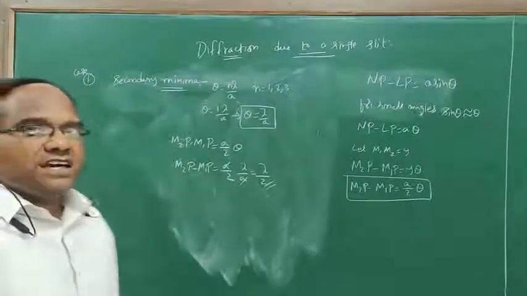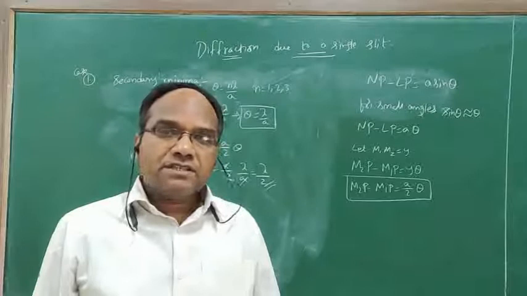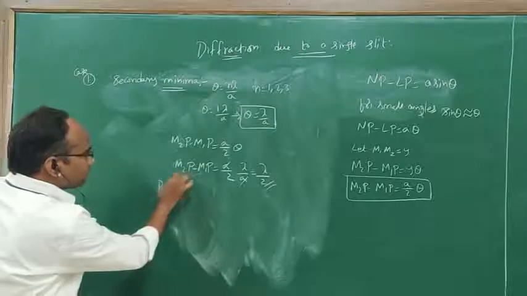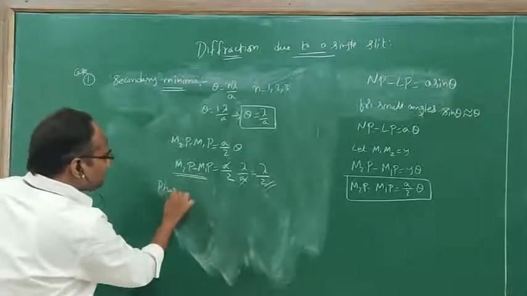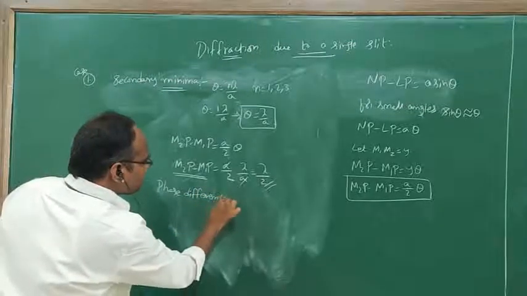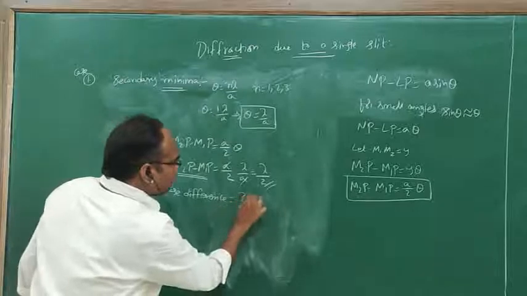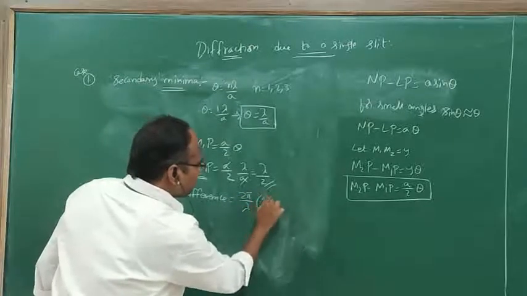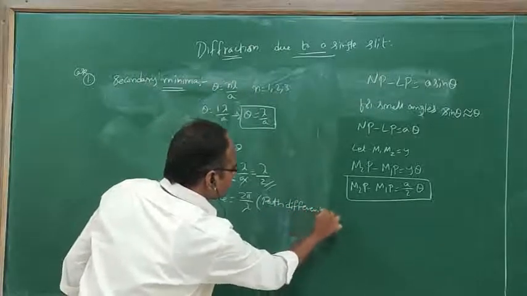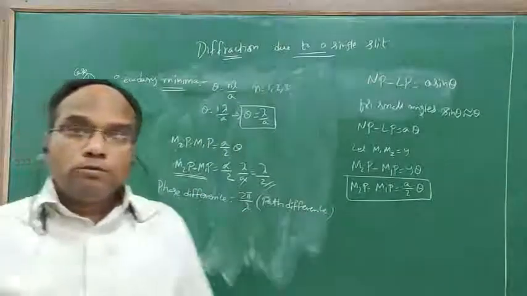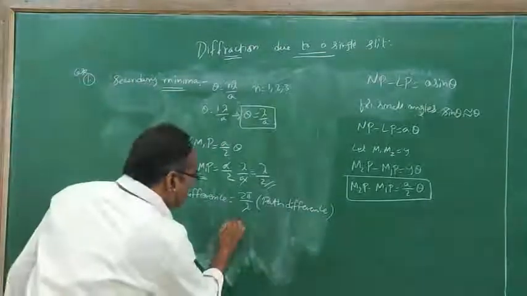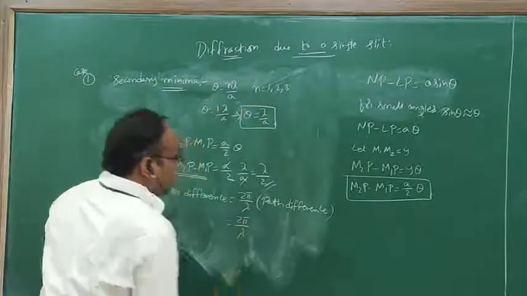So now what is the phase difference? We have to calculate. What is the formula? Phase difference is equal to 2 pi by lambda into path difference.